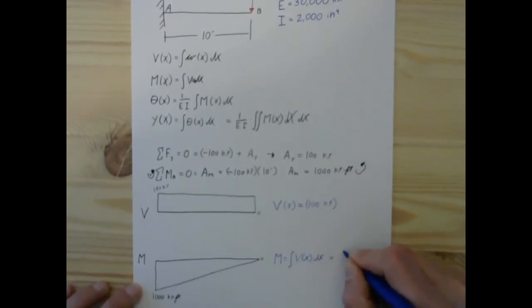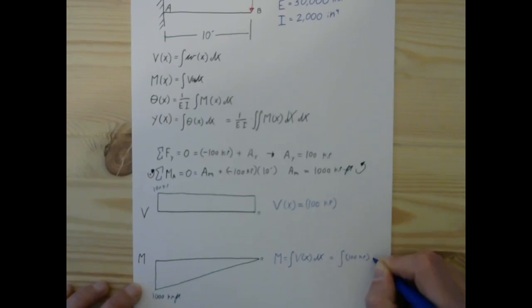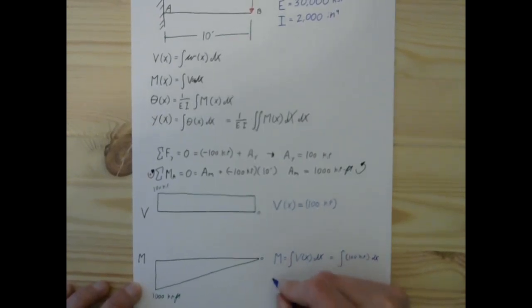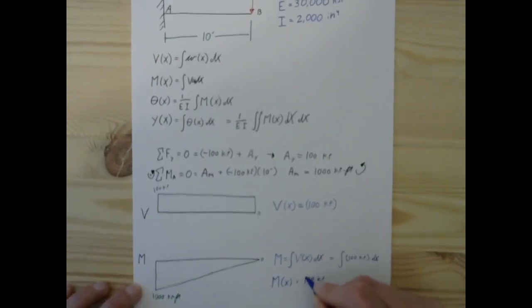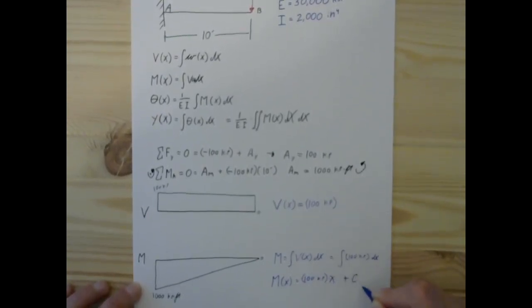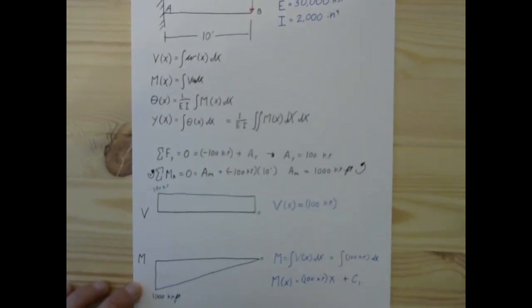So it's the integral of 100 kips, so it's 100 kip times x plus some constant of integration c1.